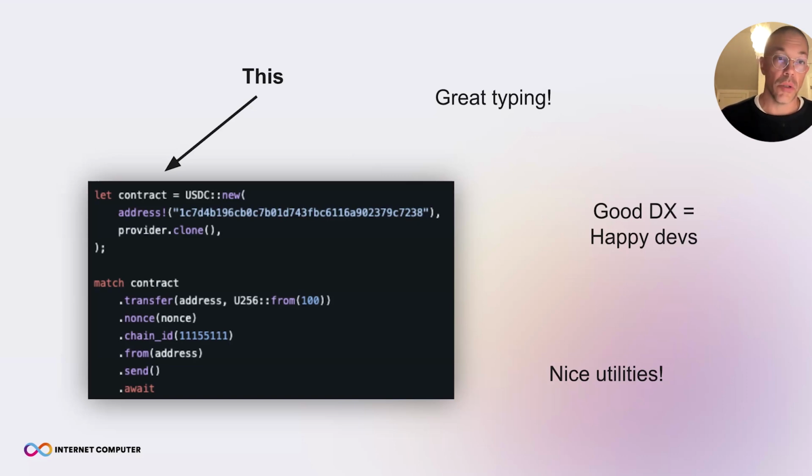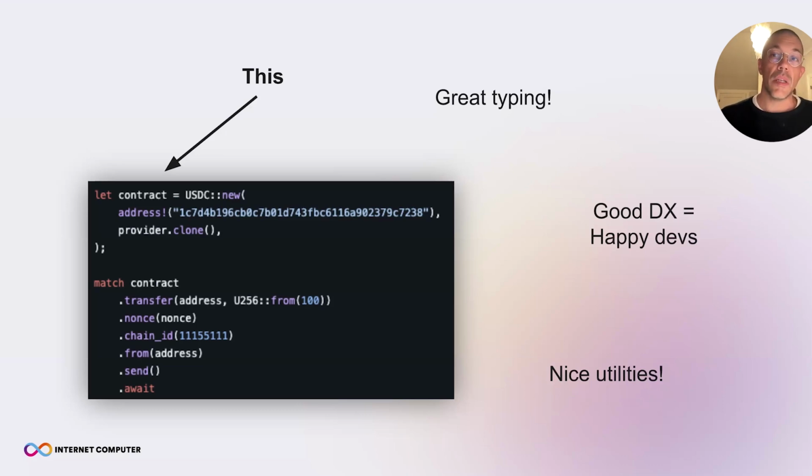And once we hooked up the Alloy library with ICP as a signer and as a provider, we get all the benefits of using Alloy, which means that all the complexities of interacting with the EVM are hidden away from developers.